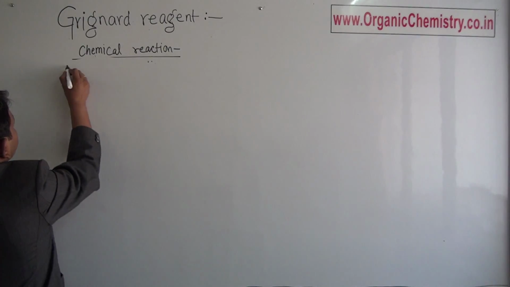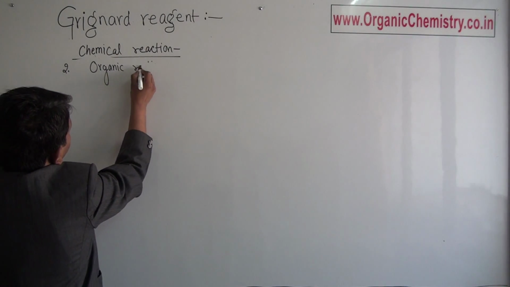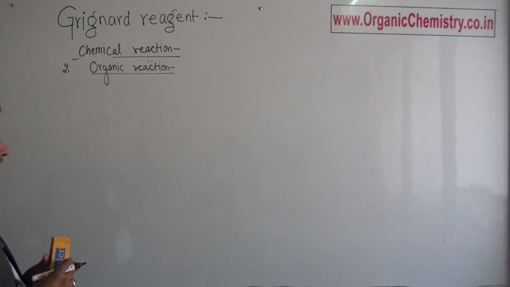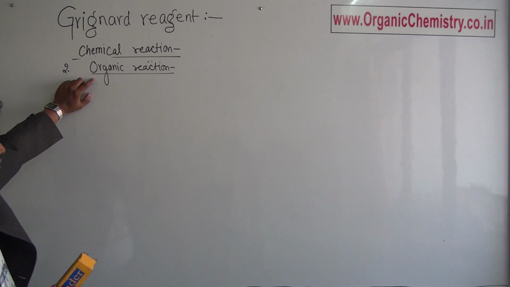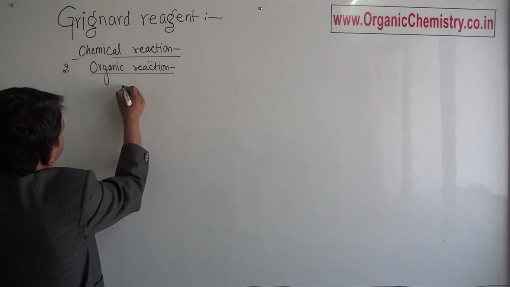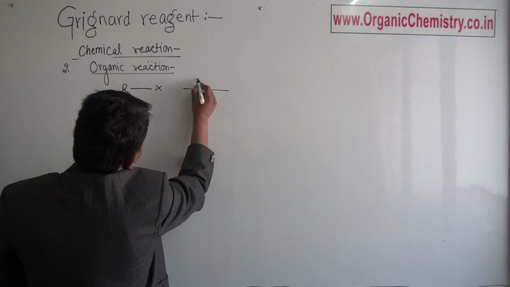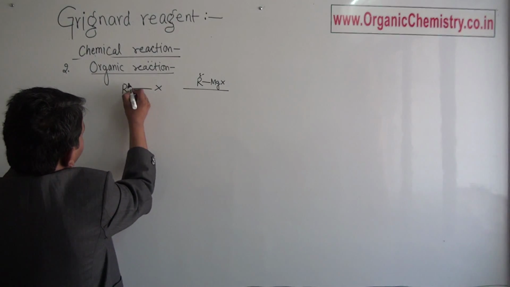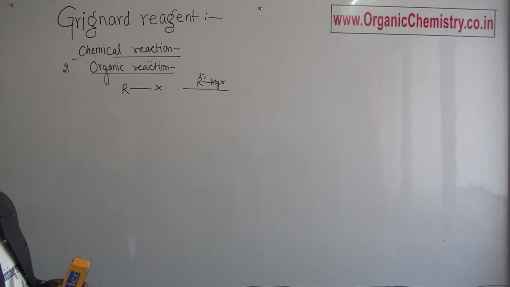Now second is the organic reaction. As I told you, the alkyl group of RMgX is a good nucleophile. So first, substitution reaction. When alkyl halide is treated with RMgX, this may be R', this may be R-MgX.